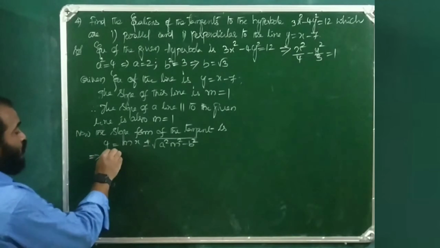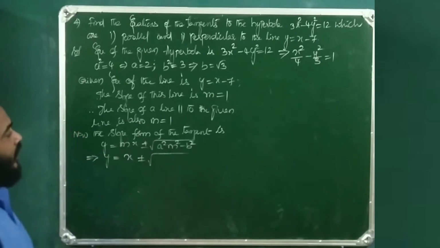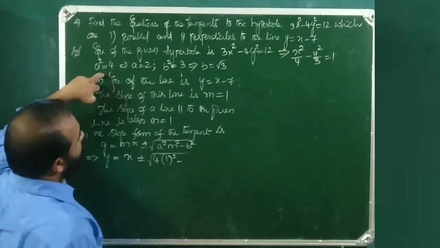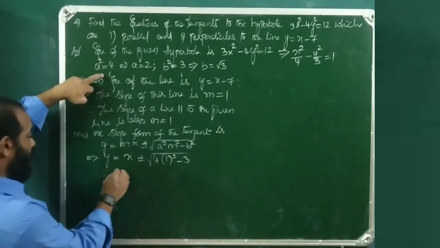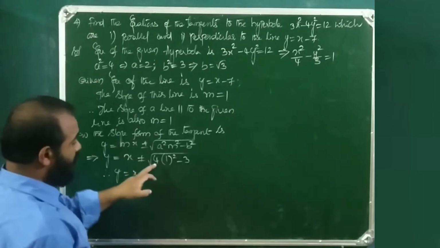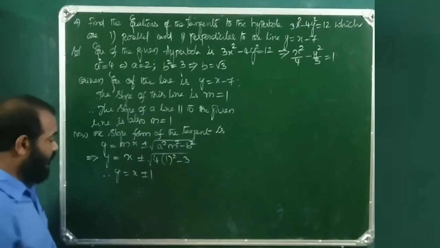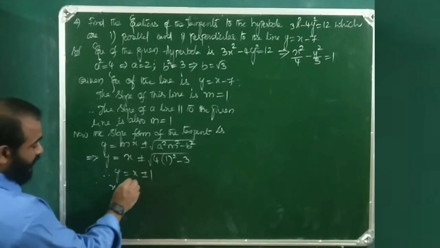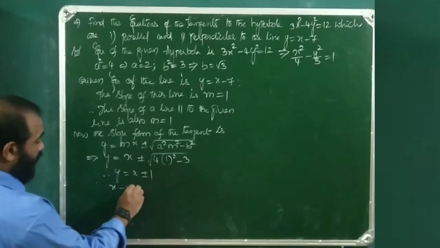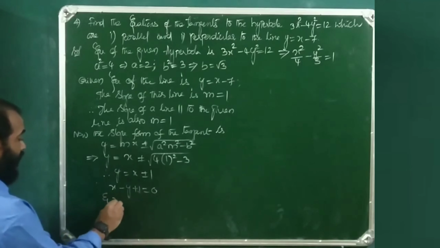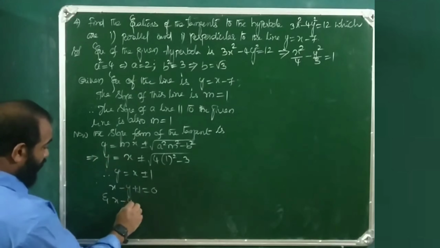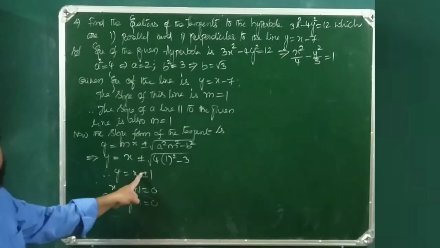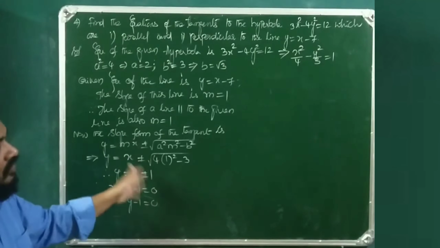So this is y is equal to x plus or minus square root of a square 4 into m square, which is 1 square, minus b square, which is 3. So therefore y is equal to x plus or minus, 4 minus 3 is 1. Therefore x minus y plus 1 equals 0 and x minus y minus 1 equals 0. So I have taken the plus 1 and the minus 1. Then these are the equations of the tangents.